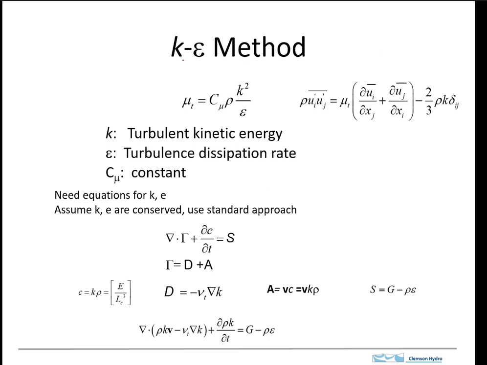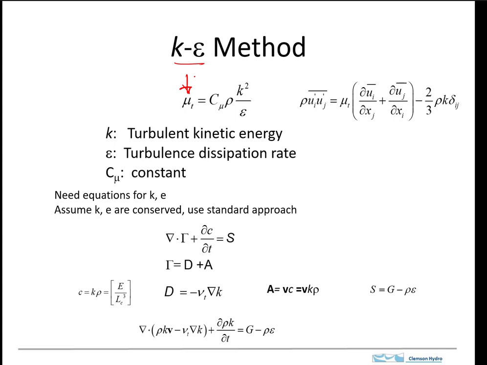Okay, so K-epsilon. Remember, what we did here was to introduce this new viscosity, and so we have to have a way of coming up with what this viscosity is. It behaves like viscosity, but it's a result of the turbulence, so we have to have a way to calculate that.